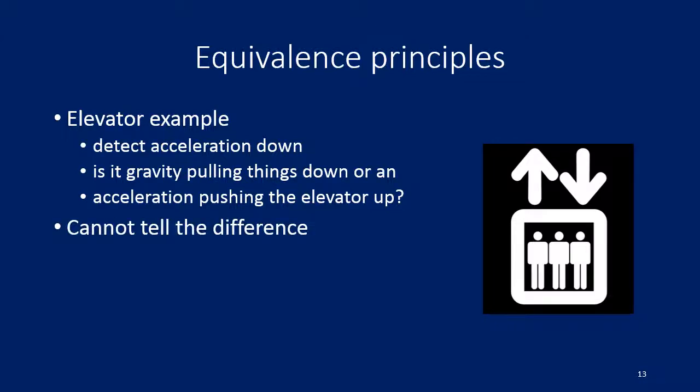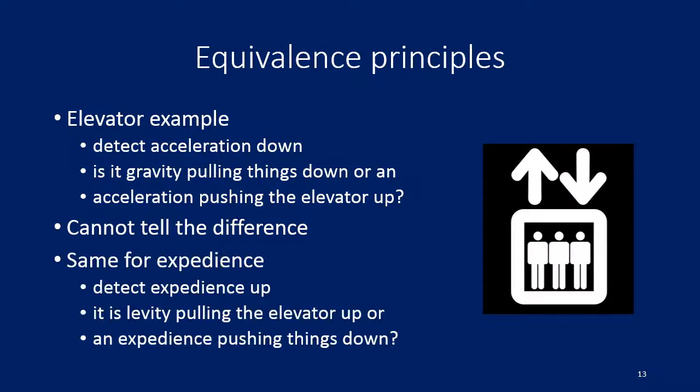Well, strictly speaking, we cannot tell the difference if we're inside the elevator and can't look outside. Similarly, for expedience, we could talk about detecting expedience up. And is it levity pulling the elevator up or an expedience pushing things down? Well, again, we cannot tell the difference. And this is the basis for general relativity.